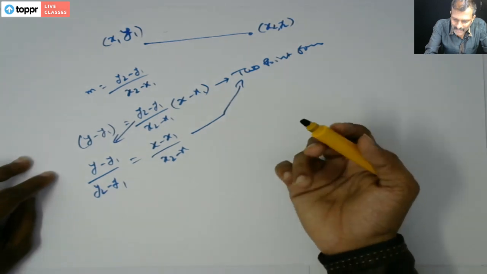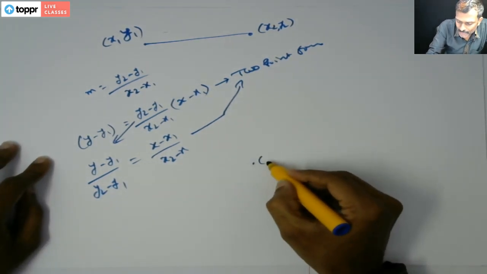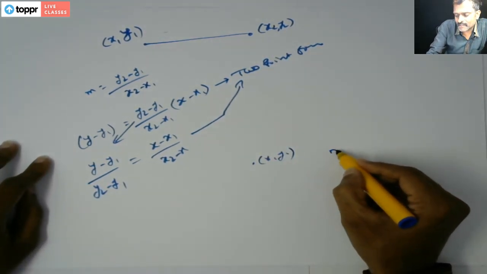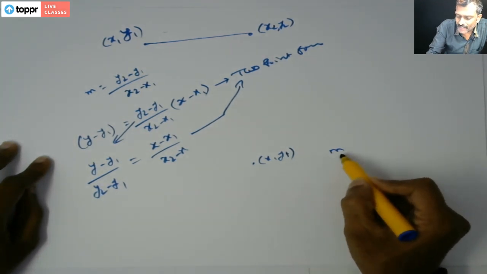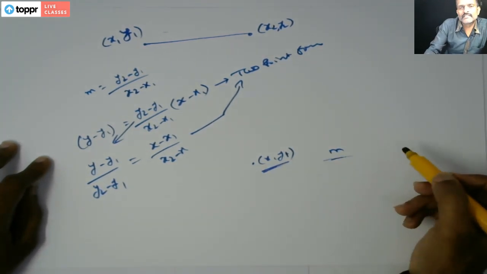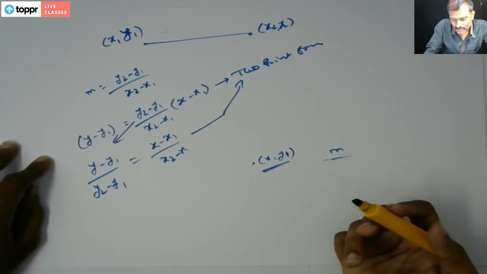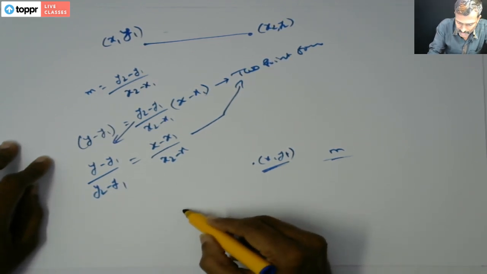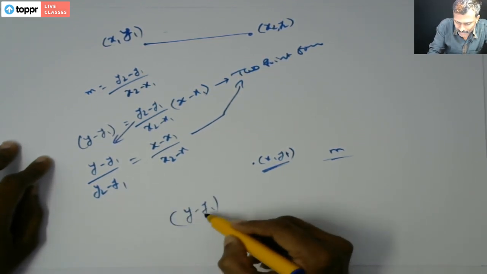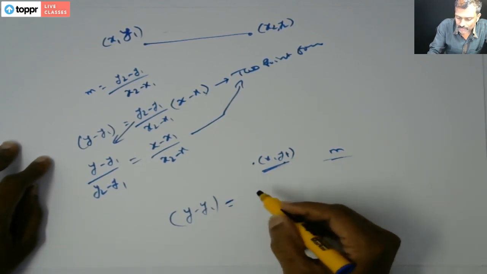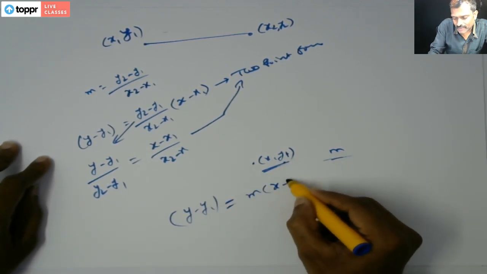Sometimes he will give a point, say x1 y1, and just give the slope. He says this line is passing through this point and this is the slope. Then what is the equation of the straight line? You will write y minus y1, where y1 is the point I know, equal to slope times x minus x1.